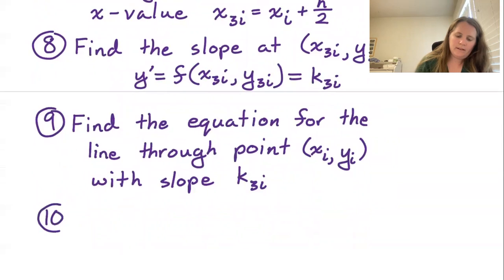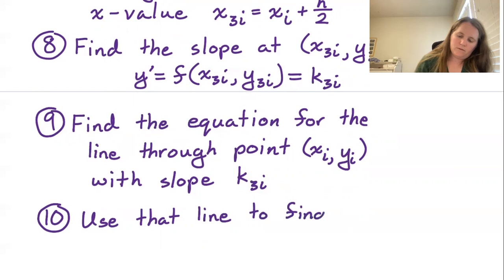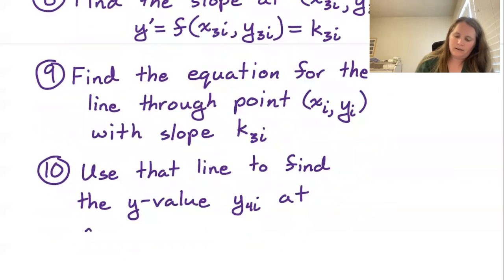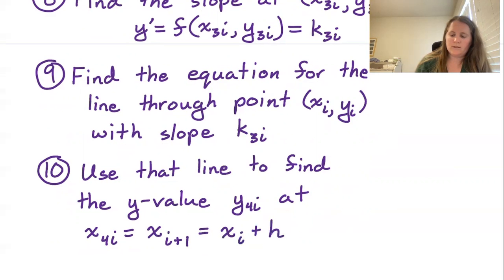And we will use that line to find the y value y4i at x4i, which is just x sub i plus 1, also known as xi plus our step h.